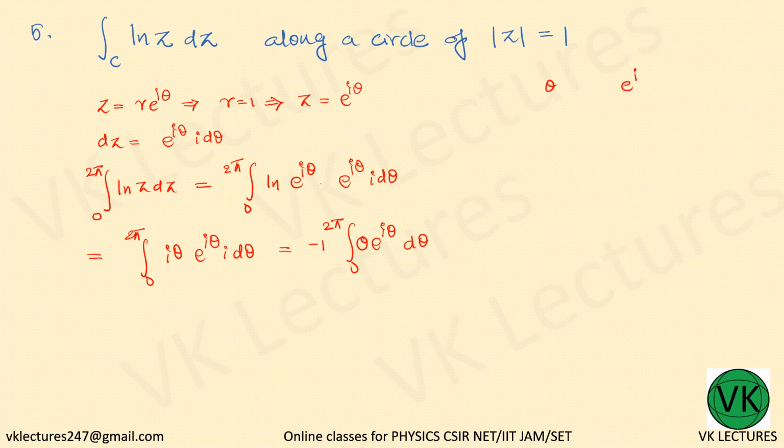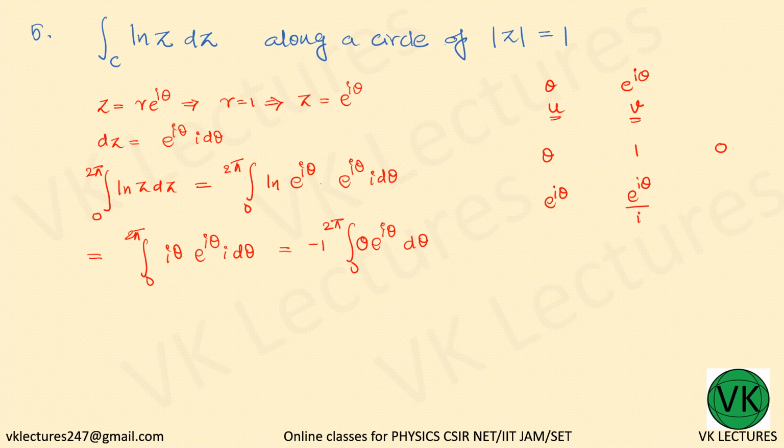So this is integration by parts, the u v integration. Let's take u as theta and v as e to the power i theta. First derivative is 1, second derivative is 0. For e to the power i theta, first integral is e to the power i theta by i.